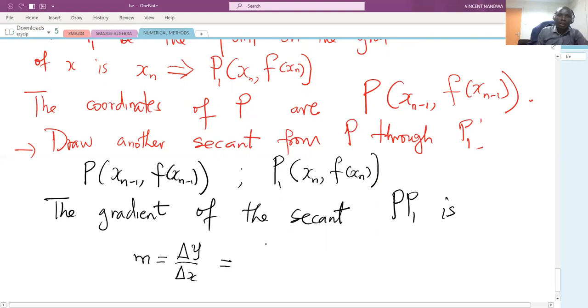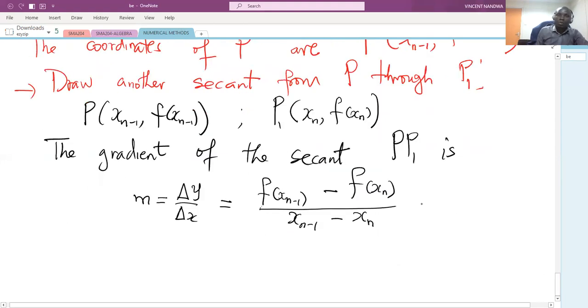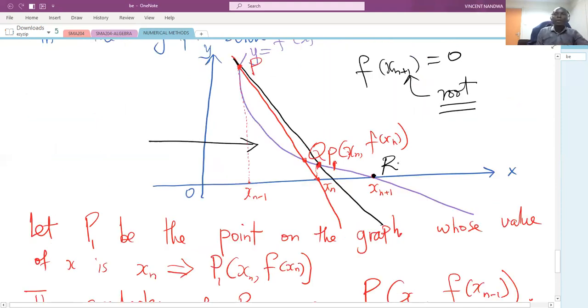So the y value here, f of xn minus 1, minus f of xn, the y value at P1, divided by the x value here, xn minus 1 minus xn. Call this equation 1. So this is the gradient of the secant. We are trying to approximate the root of the function by a secant drawn from point P to other points on the graph which are closer to the point R.